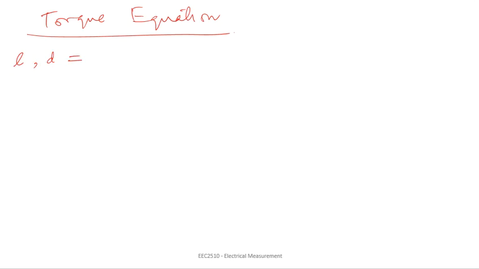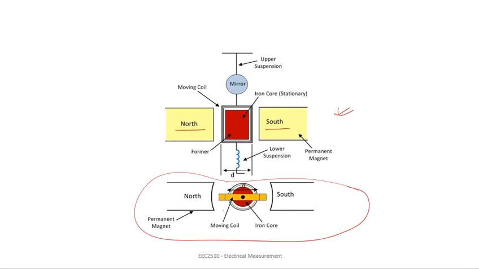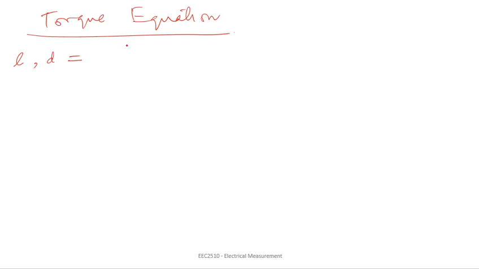As is visible in the figure, this is D and this is L, whatever this vertical length is.